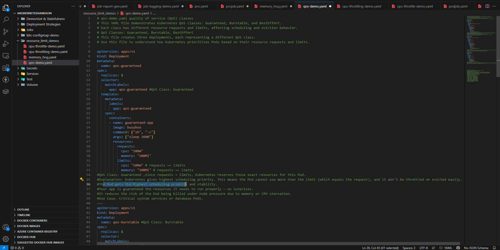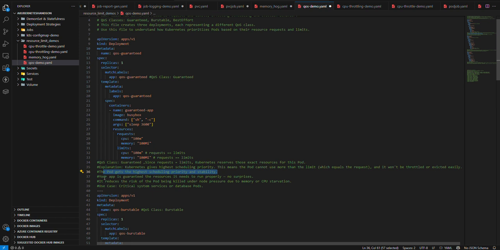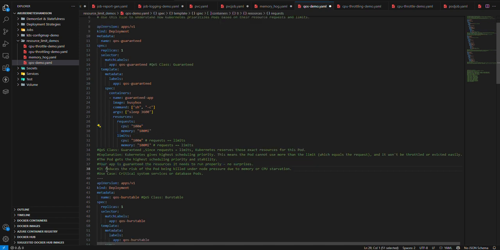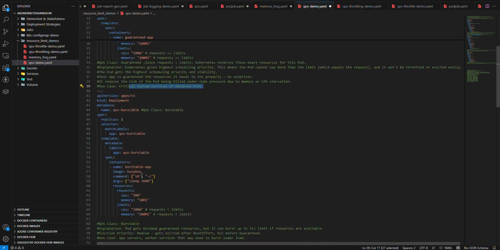The pod gets the highest scheduling priority and stability. Your app is guaranteed the resources it needs to run properly. No surprises. Your app will continue to run and get whatever it has requested. It reduces the risk of the pod being killed under node pressure whenever CPU or memory goes high. Critical for your databases or production workloads and all.